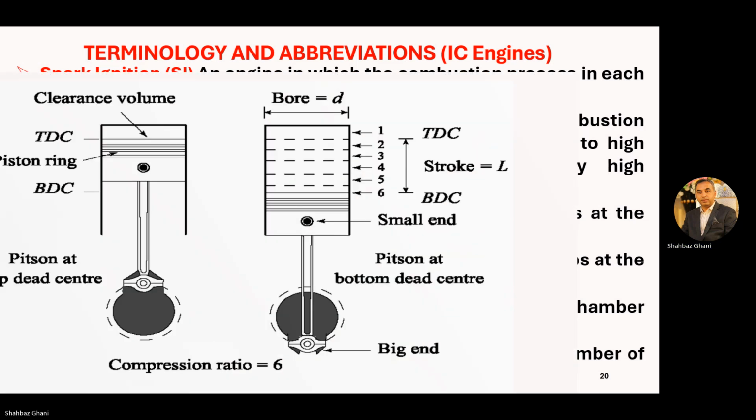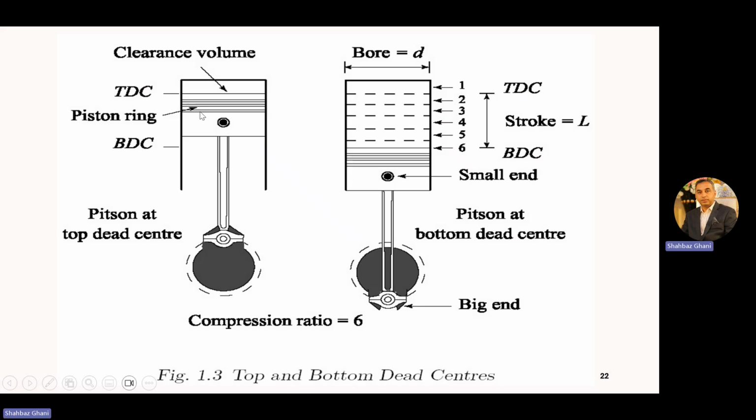Now let's see, if the piston is moving in this direction, the piston reaches from BDC to this location. So we will say BTDC, before top dead center. Now the piston reaches top dead center at this location and goes down.